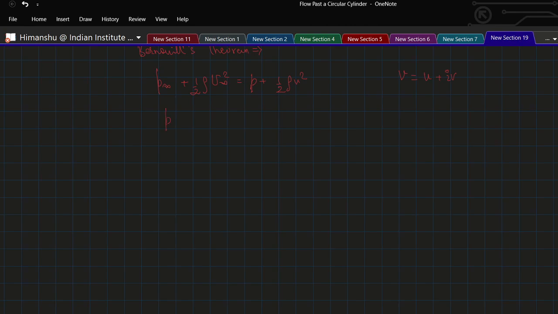Since V is a complex quantity, you can write V squared as V times V star, the magnitude squared.